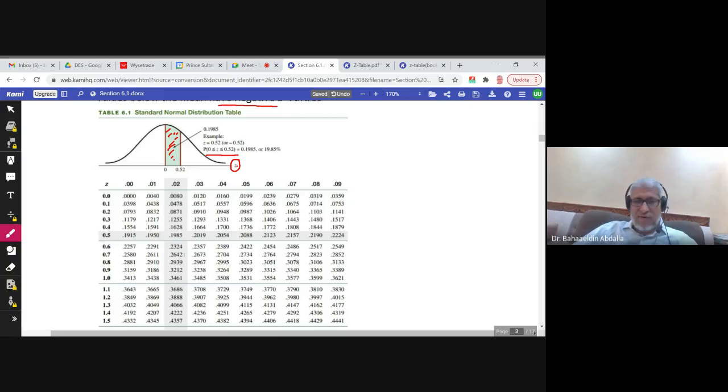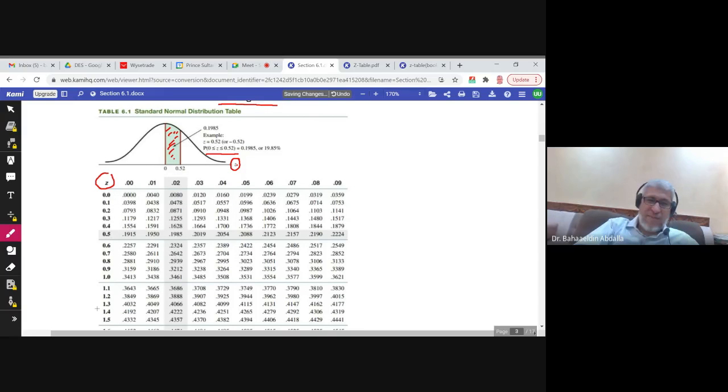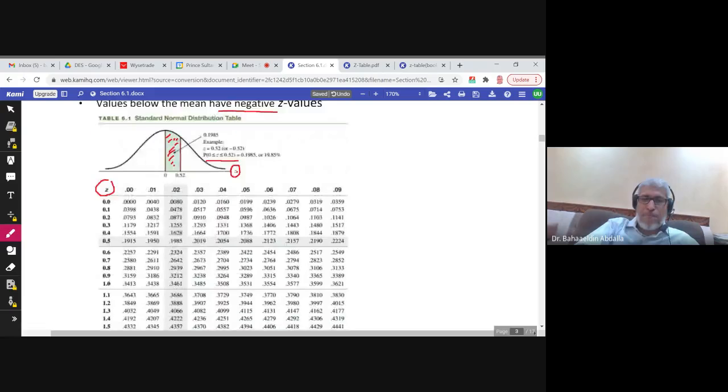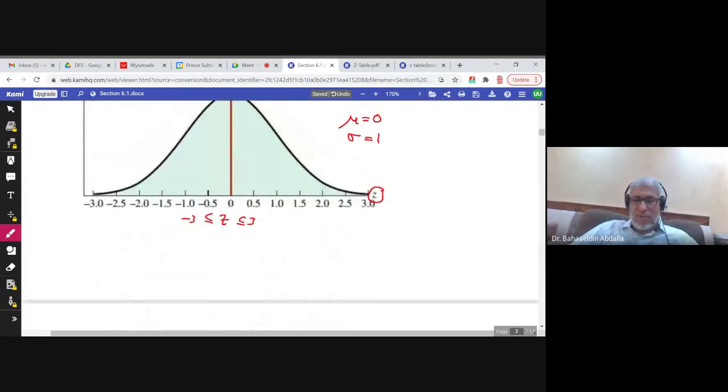What is this area? We can find it from the table. The table gives you areas where Z is between 0 and a positive number. Here you have Z, and here you have the values of Z. It starts from 0 up to 3. So it deals with all the positive values from 0 to 3.